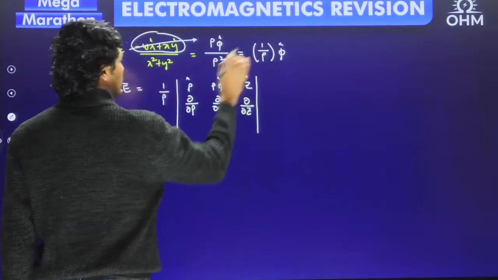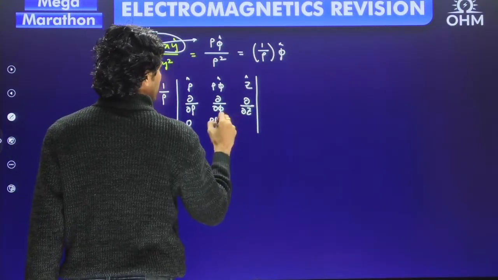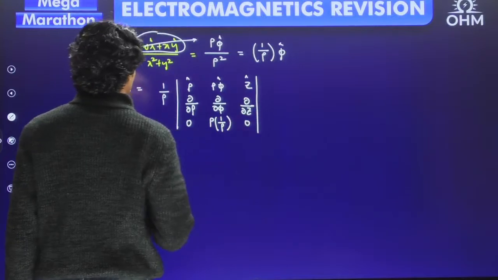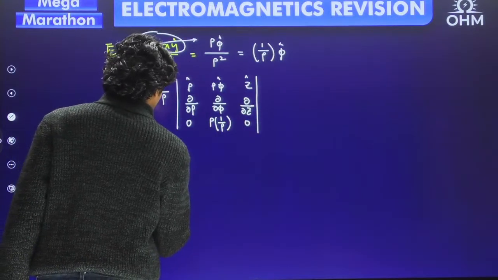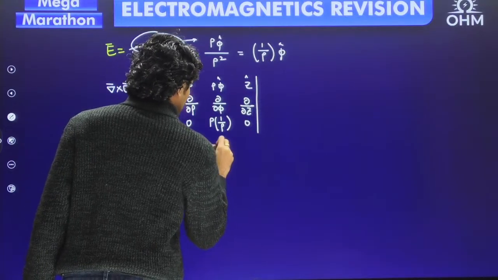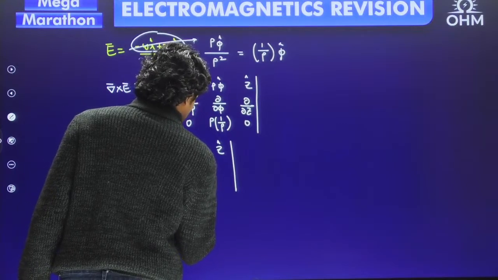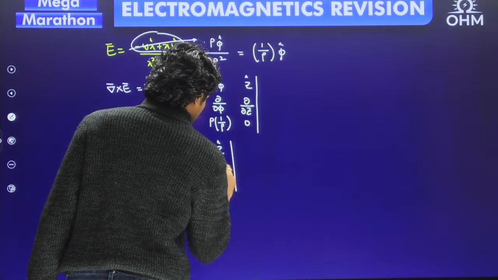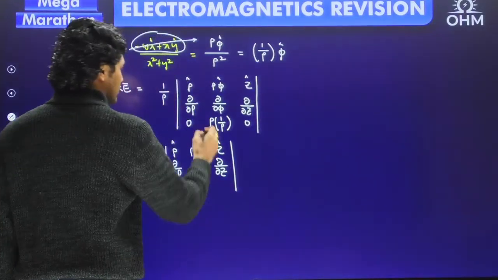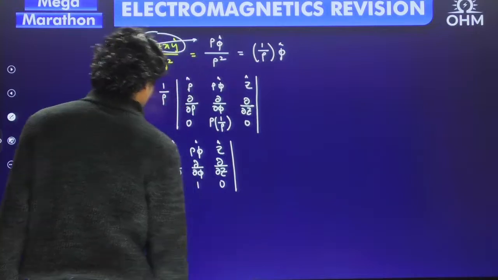Here I don't have any rho component, so 0. Then rho into the phi component, 1 by rho, which is constant 1. There is no z component, so 0. And how much is the curl now? Curl becomes equal to 0.